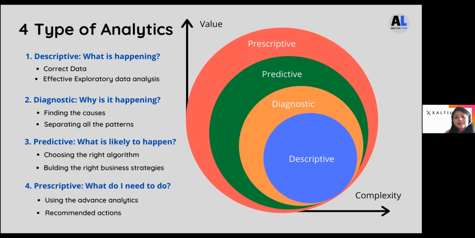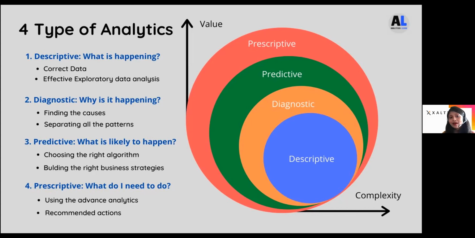The next type of analytics is predictive analytics, where you try to look at the future. You try to figure out how the sales or the revenue for the next few years is going to look. Since you are predicting something, that adds a lot of value to your analysis, but that's a bit more complex as well.